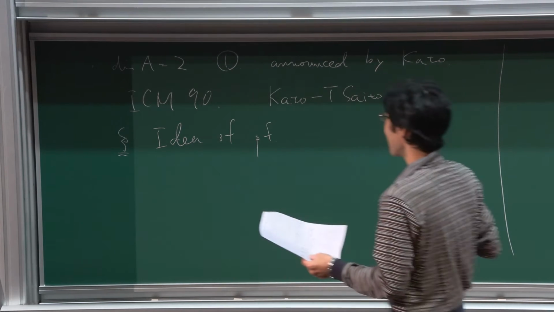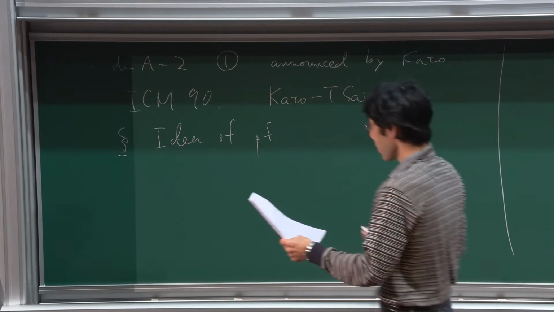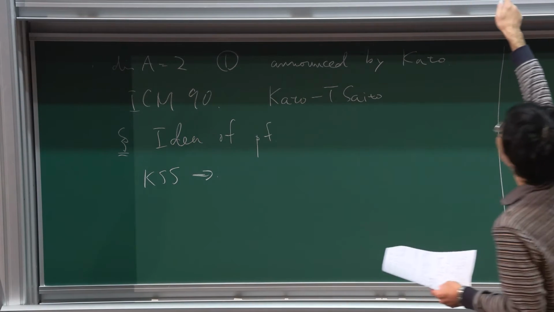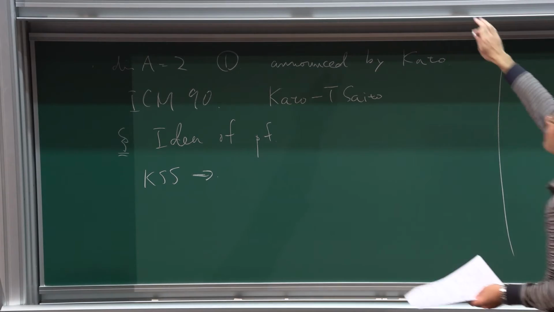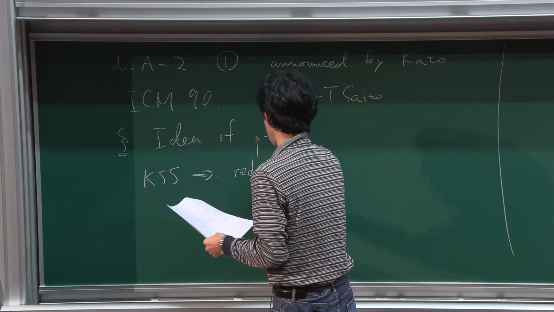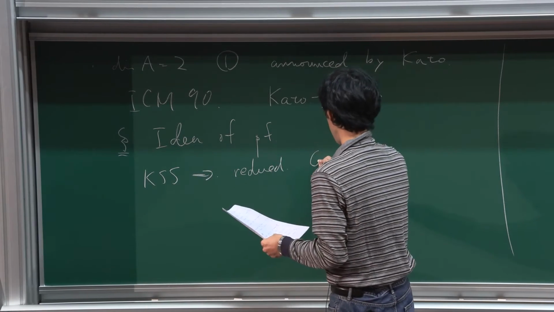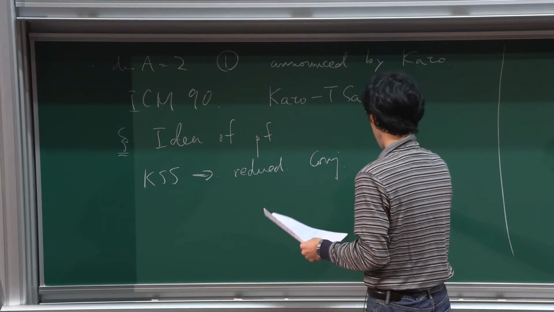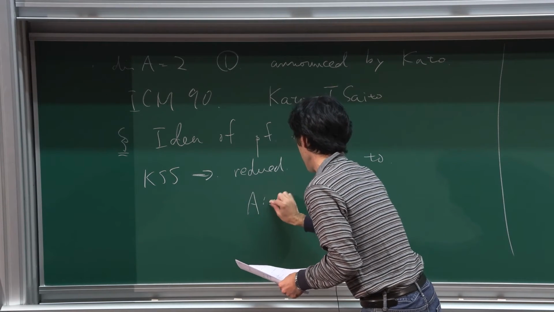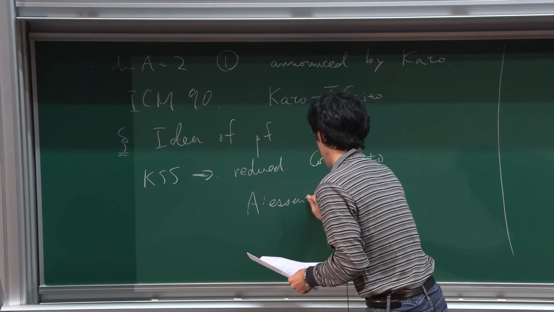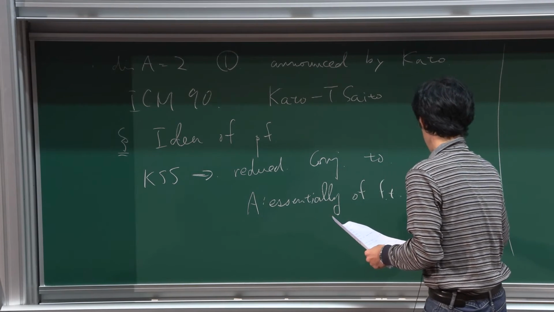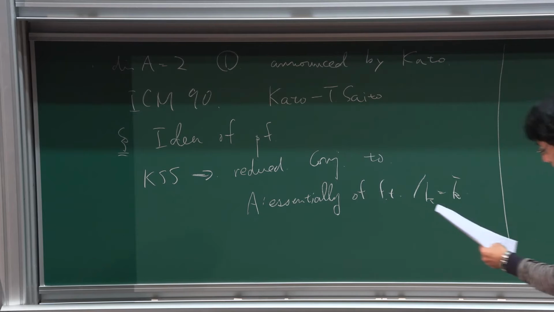Okay, so let me tell you the idea of the proof. Kato and Saito reduced this conjecture to the geometric situation where A is essentially of finite type over K, which is algebraically closed.